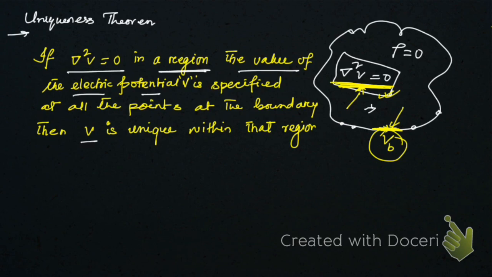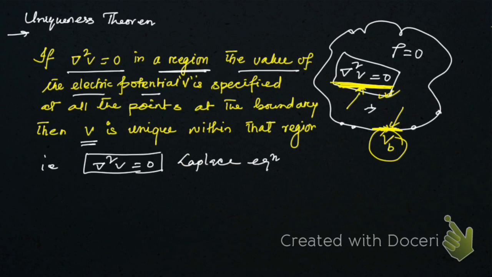Then within the region this V is unique. That means this Laplace equation has a unique solution. Right, so now let us prove this.